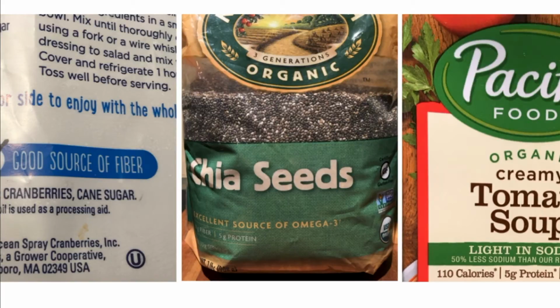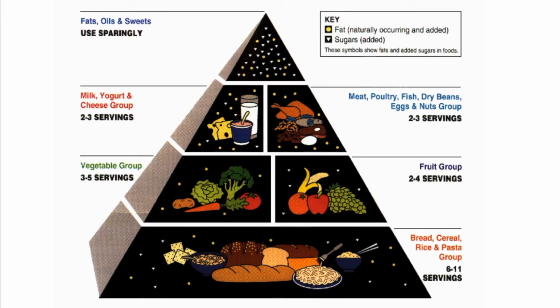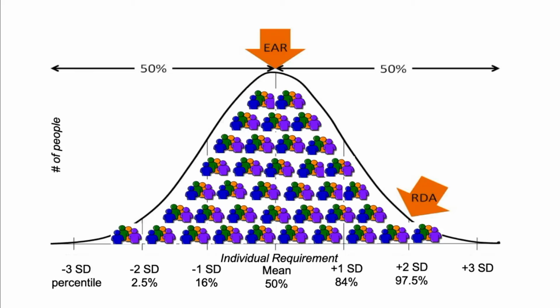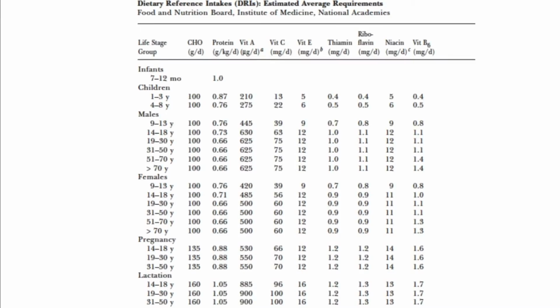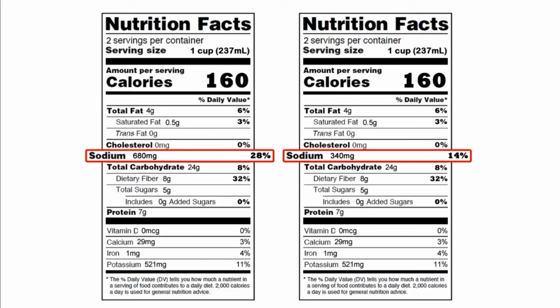The daily value is similar to the RDA or AI, except that because it is used on food labels, it needs to be a simplified recommendation with just 1 value rather than several for different age groups and sex, as found in the DRI.